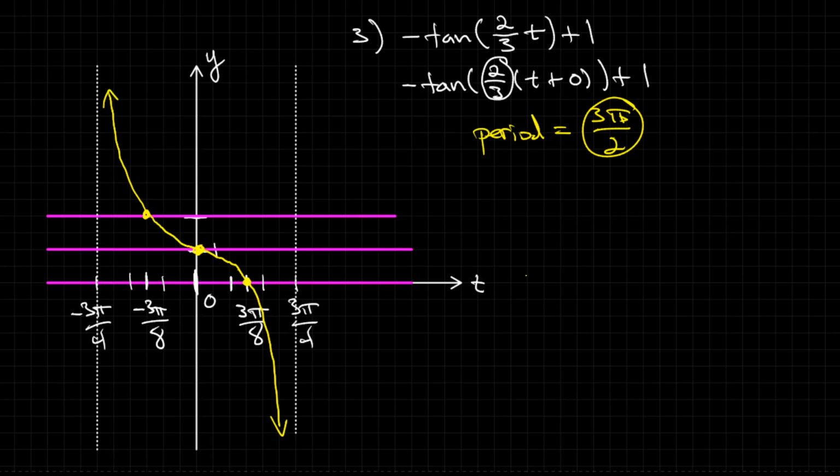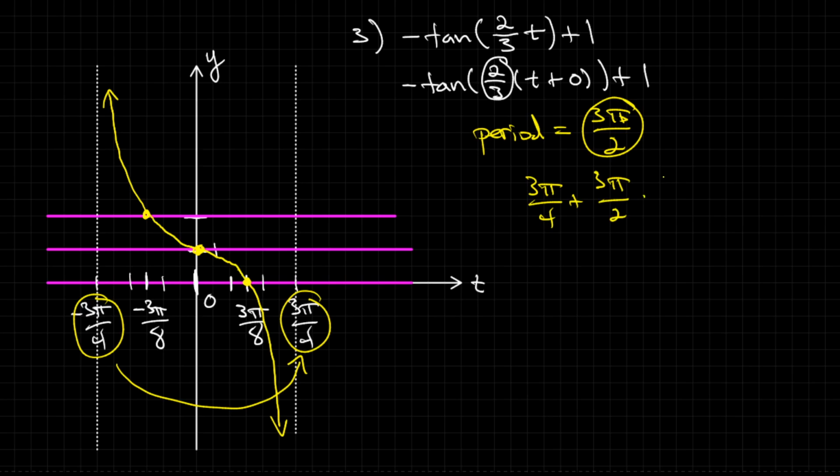Or perhaps a little bit easier, I think, you can take the asymptotes and add 3 pi over 2 to those. Note if you take the first asymptote and add 3 pi over 2 to it, you get the second asymptote, so this would move here. And then if you take 3 pi over 4 and add 3 pi over 2 to it, you have to get a common denominator, and you would get 3 plus 6, which is 9 pi over 4.